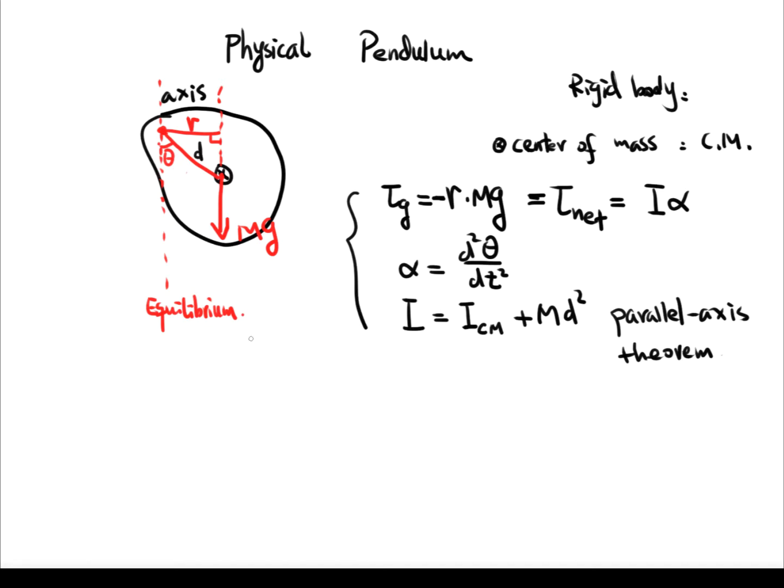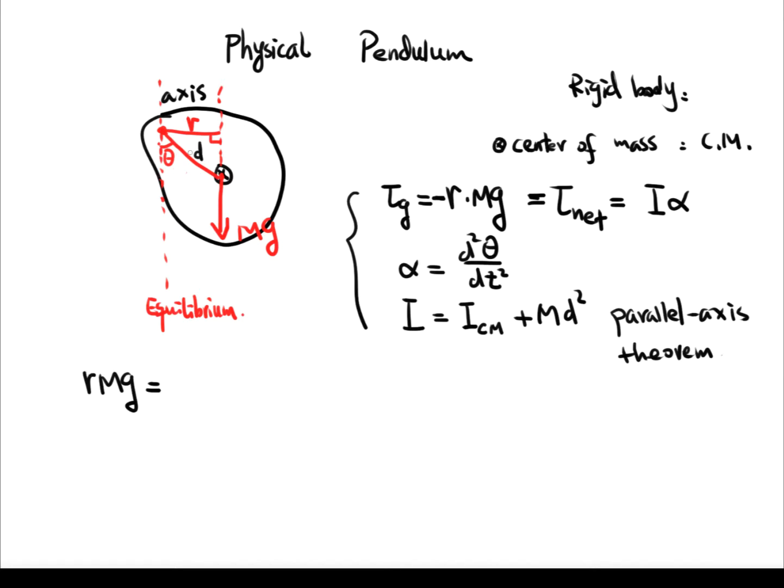Now let's see what kind of equation we can get to derive the simple harmonic motion. The torque is R times mg. But R here will change.